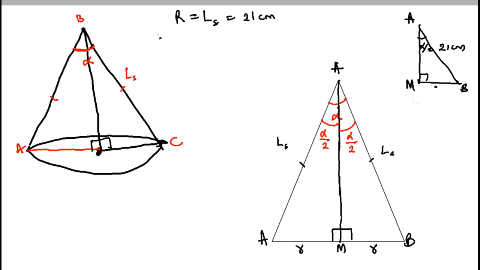From the radius of sector and radius of cone relationship, we have that r is equal to theta times capital R over 360. I think we found theta, that is the angle of the sector, initially.